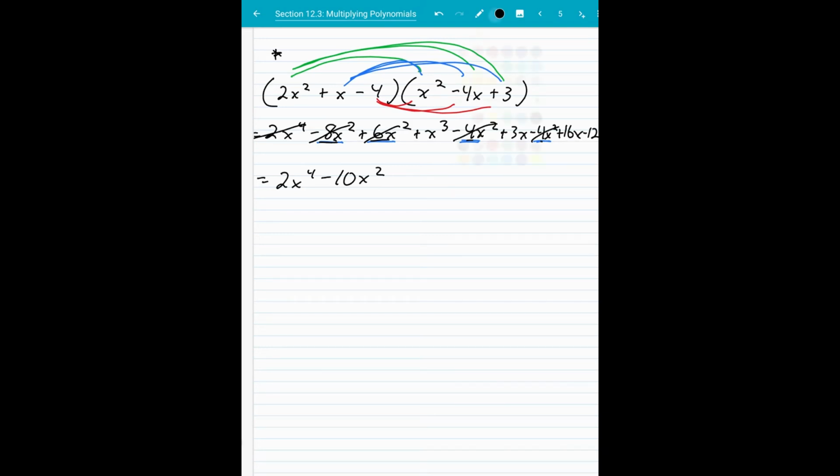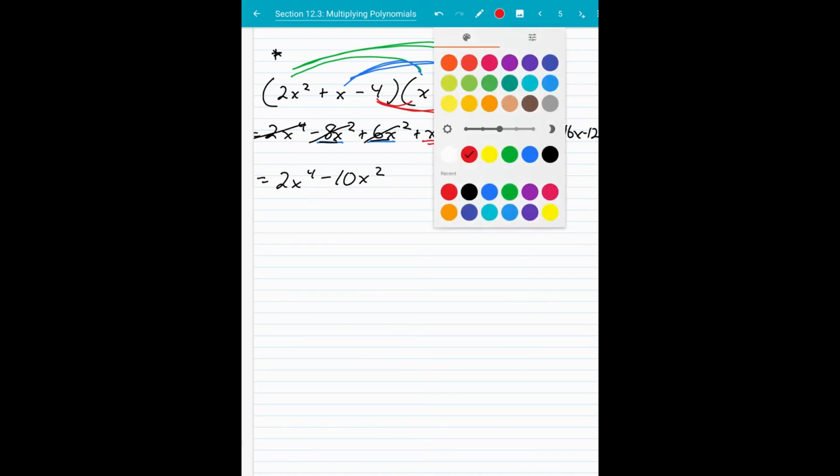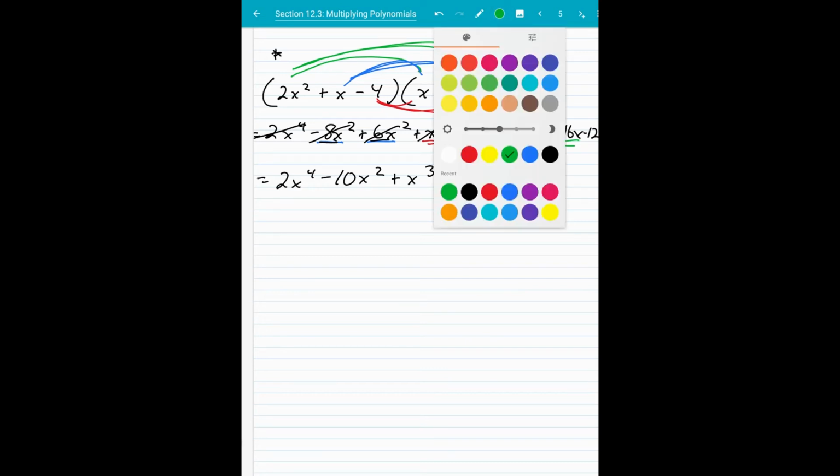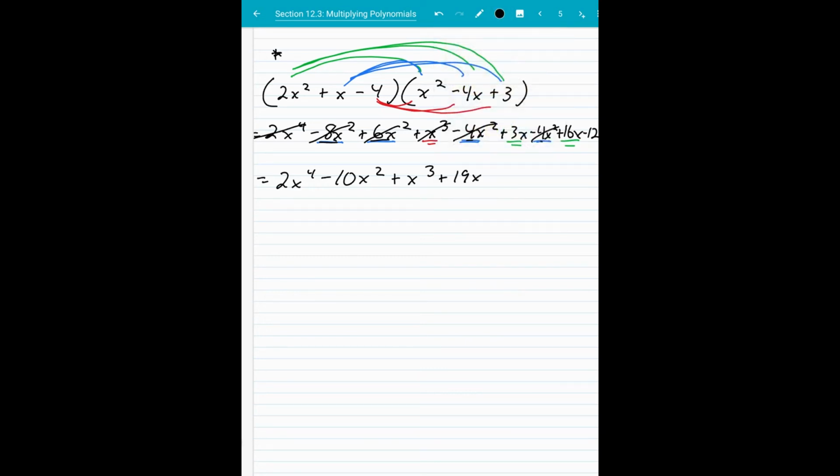Let's see if there's any other x to the thirds. I don't see any other x to the thirds, so we're just going to write down plus x to the third. That's gone. Now combine 3x and 16x. That's going to make plus 19x and then minus 12. That'd be a final answer.